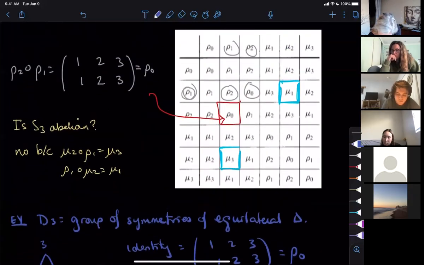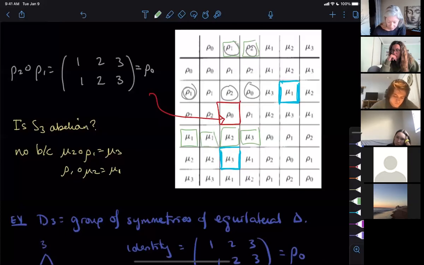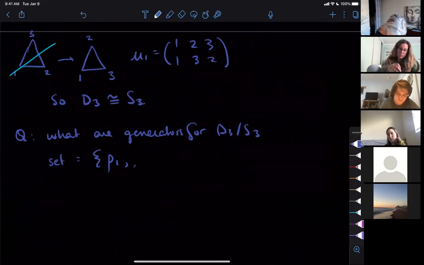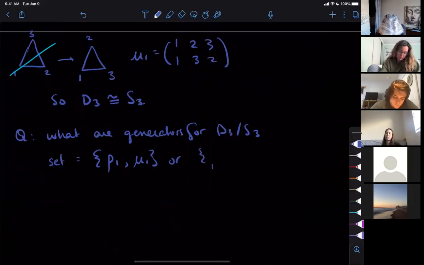We can see that here, if I have one of these flips, if I have like this one, well, then I can get mu2 out of it by one of the rhos. And I get mu3 out of it by the other rho. So once I have one of these, I get all the rest of the mu's as well. So it's one of these and one of these. I don't care which one you pick. But you need a rotation and a flip.